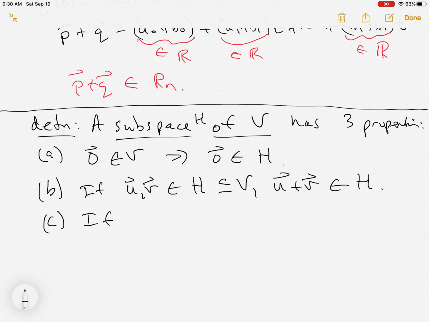So if U1 is an element of H, then CU1 must be an element of H for scalar C.